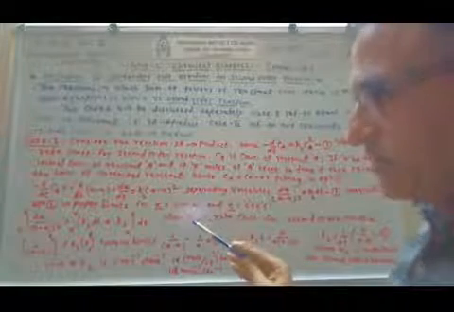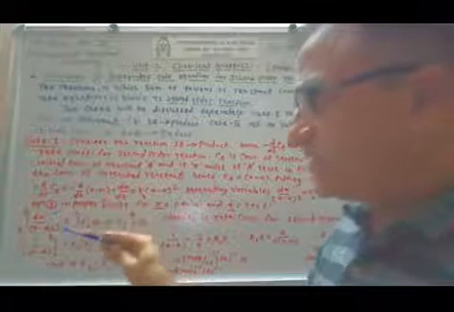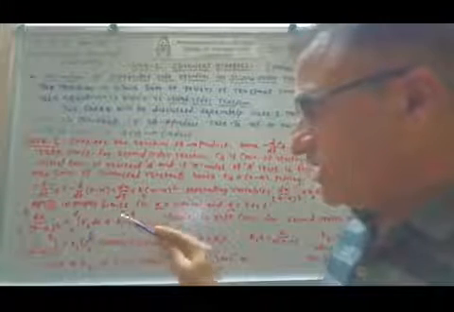By simplifying this integral equation, the integral of dx upon (a minus x) square is 1 upon (a minus x) from 0 to x, which is equal to K2 times t from 0 to t.